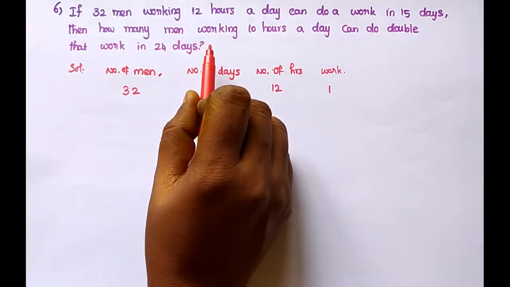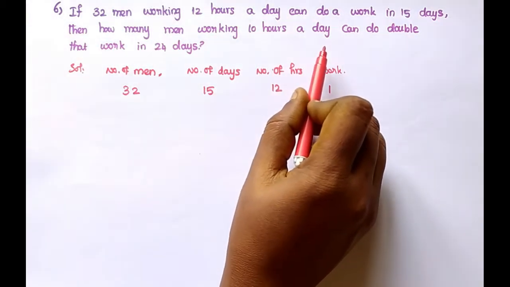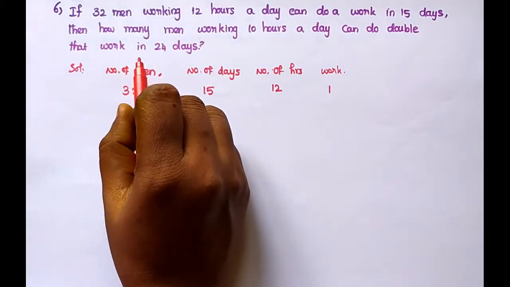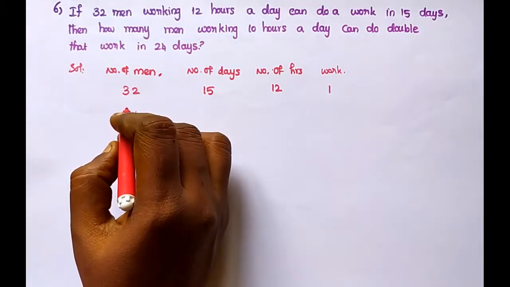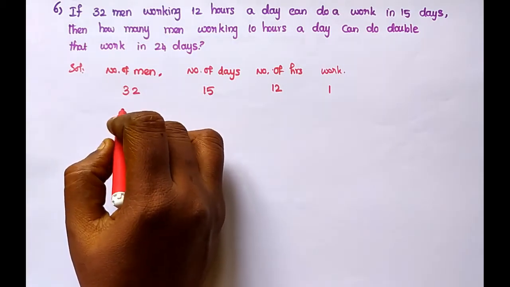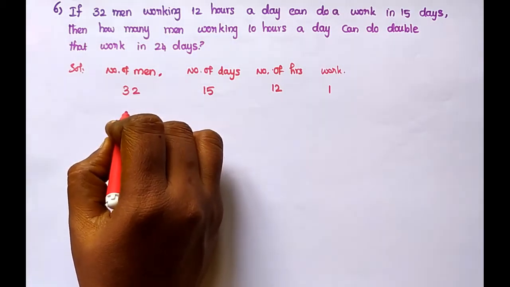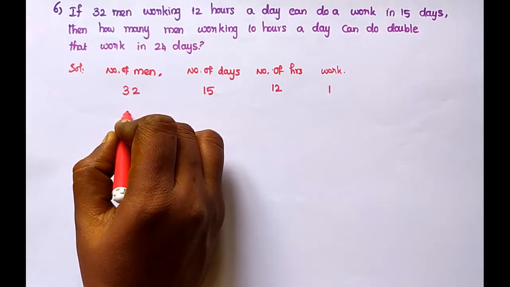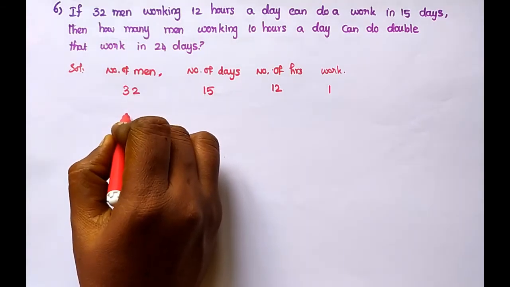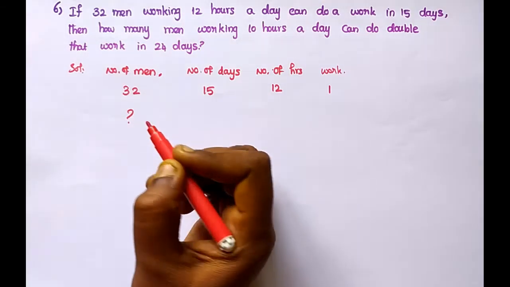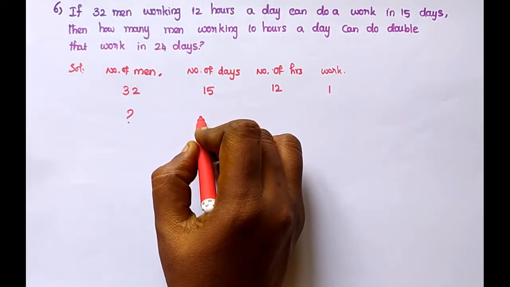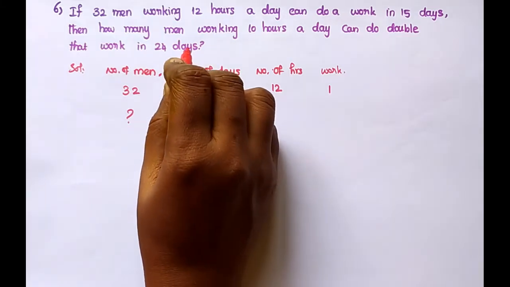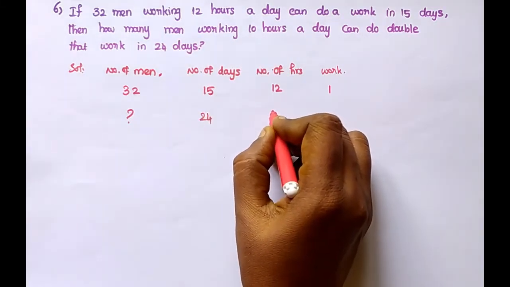Then how many men working 10 hours a day can do double that work in 24 days? Listen, number of men we don't know. And then number of days is 24 days, number of hours 10.